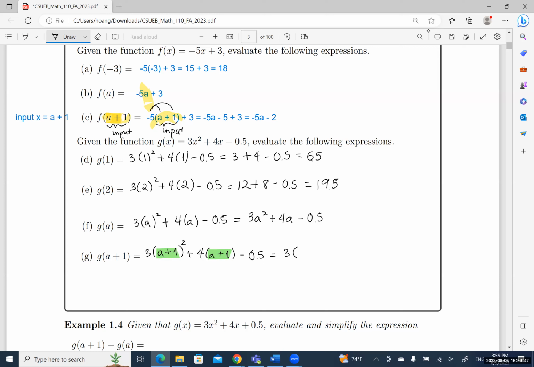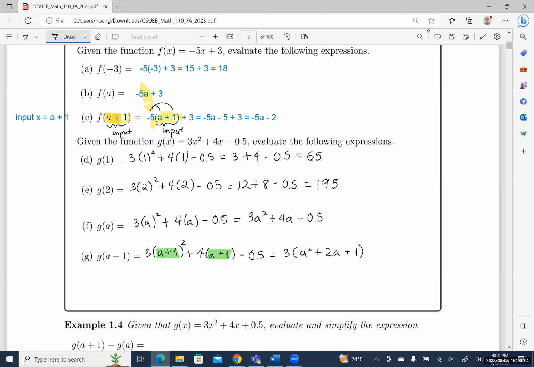You can write 3 times A square plus 2A, B in here is 1, so 2A times 1, so 2A, and then plus 1 square, which is just 1.